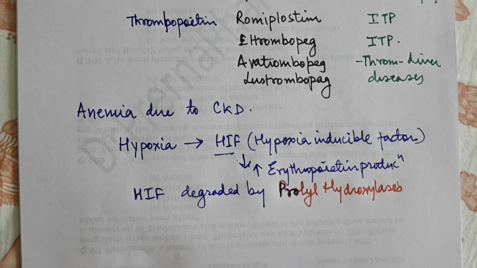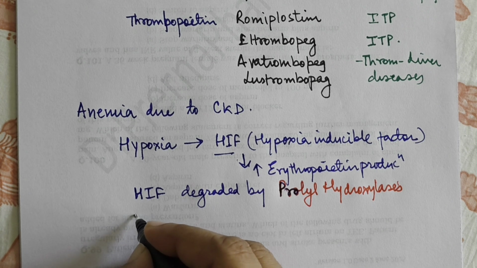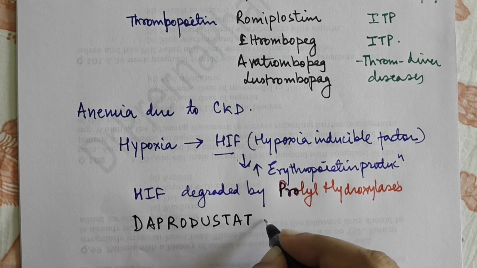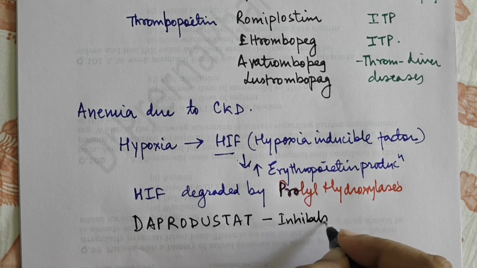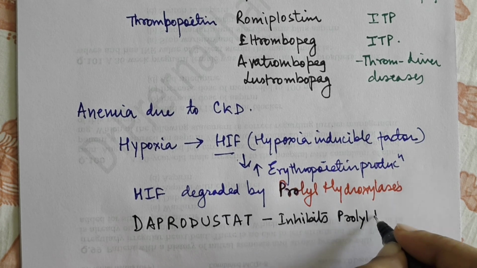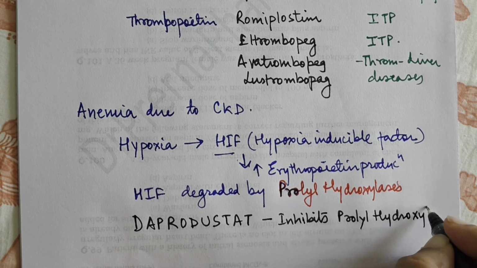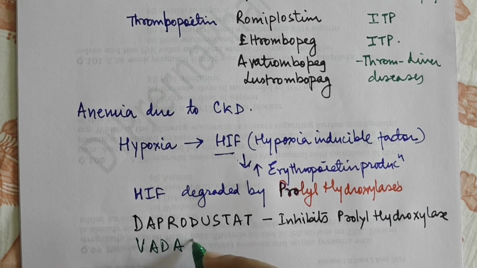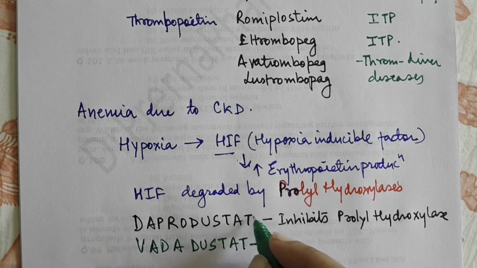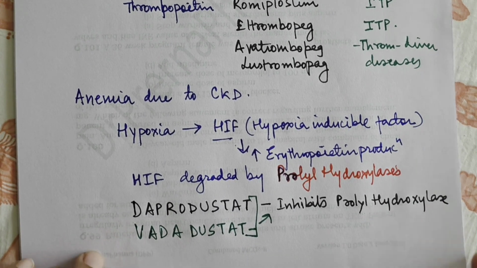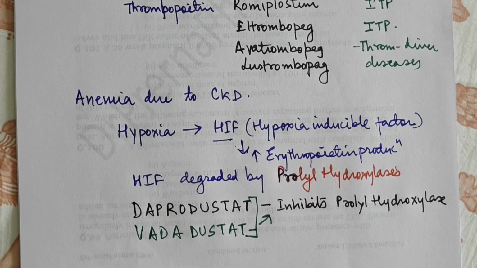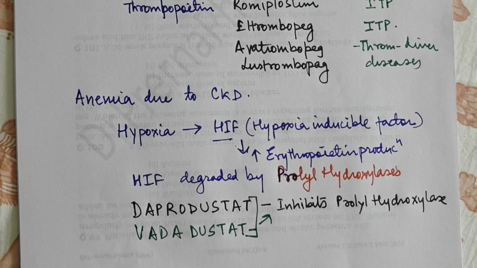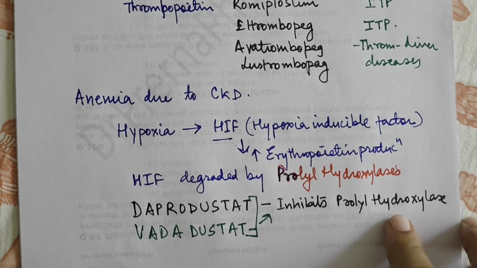So we have made a drug which inhibits this enzyme, that is daprodustat. There's another drug, vadadustat. So for anemia due to CKD, we use these two drugs, daprodustat and vadadustat, which inhibit prolyl hydroxylase, which degrades the HIF. Remember this.